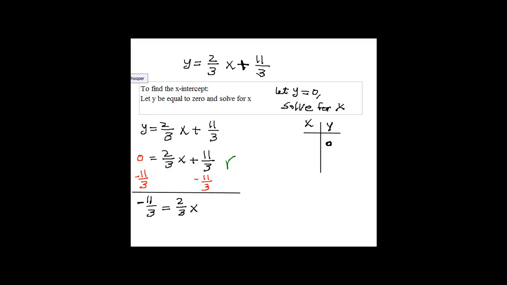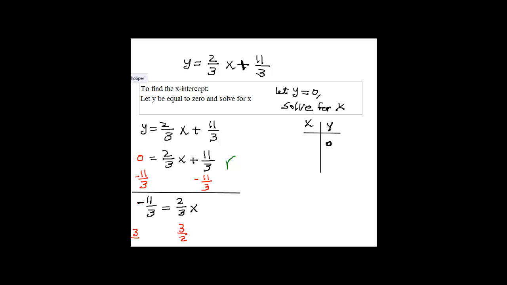Okay, how do we solve for x now? Anybody? How do I eliminate 2/3? You multiply both sides of the equation by the reciprocal. What's the reciprocal of 2/3? 3/2, right? 3 over 2.